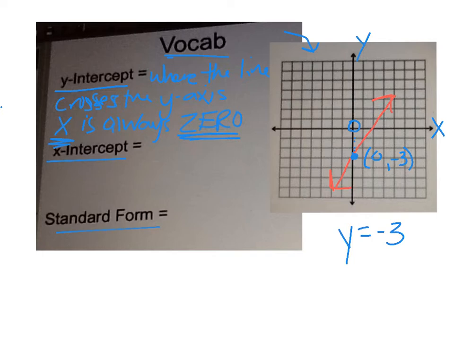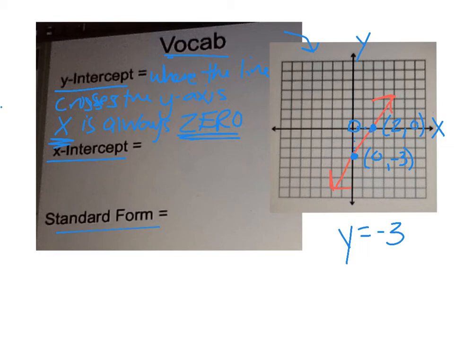Okay, so now let's talk about the x-intercept. On the graph, there's a dot that would go right there. We'd go over 2, so our x value is 2, and if you follow that straight to the left, I think you will also see that our y value is 0.